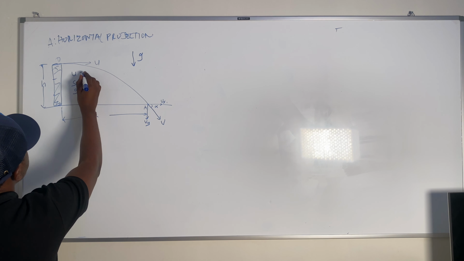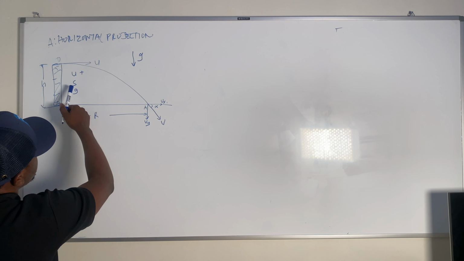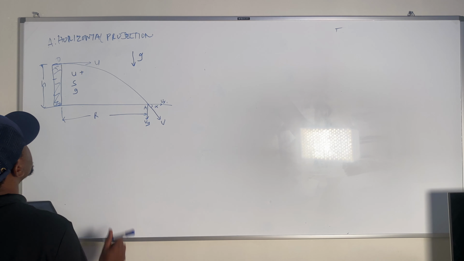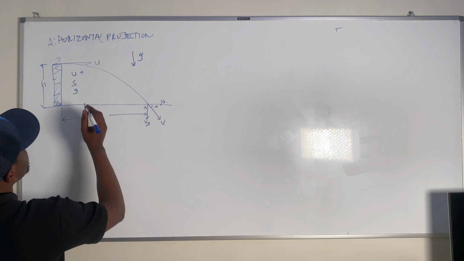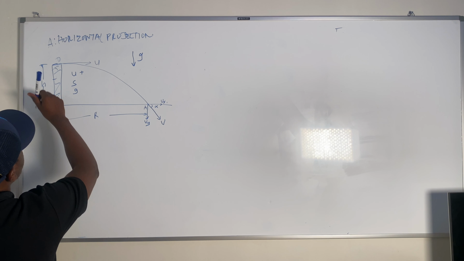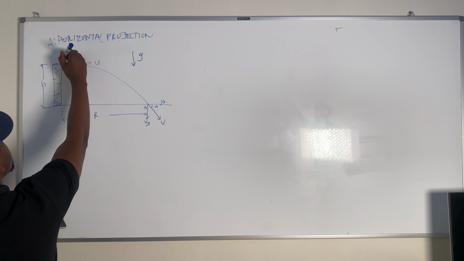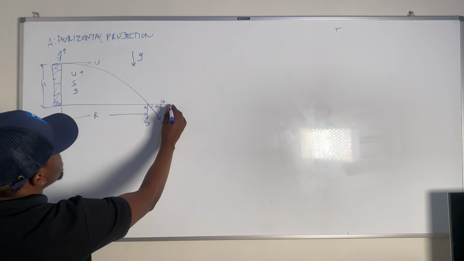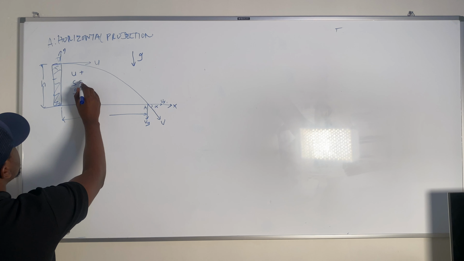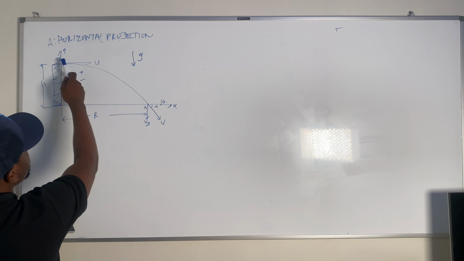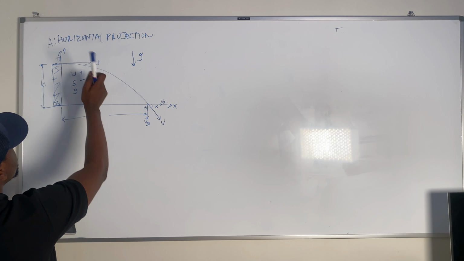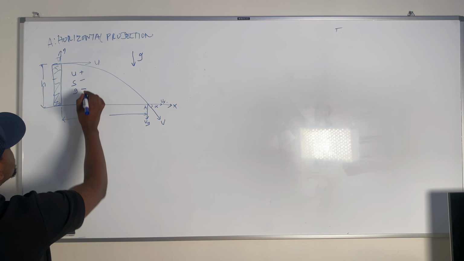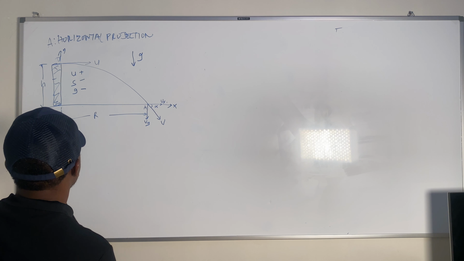So u is positive, and the distance s is decreasing in the direction of the y axis. This is the y axis, and this is the x axis. So s is negative, and g is pointing opposite to the y axis, so it is negative.